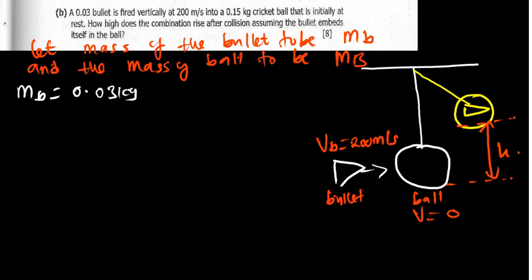This is the mass which is here. Then my capital B, for the ball, is 0.15 kg.